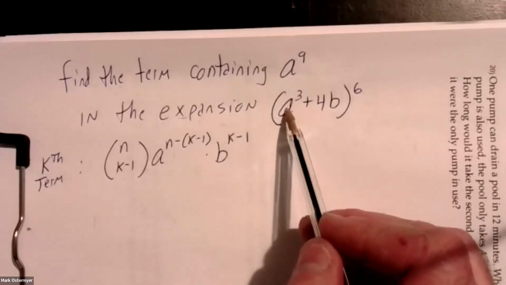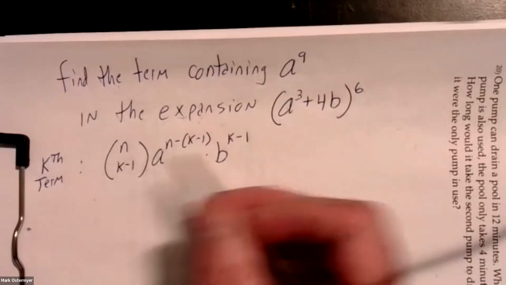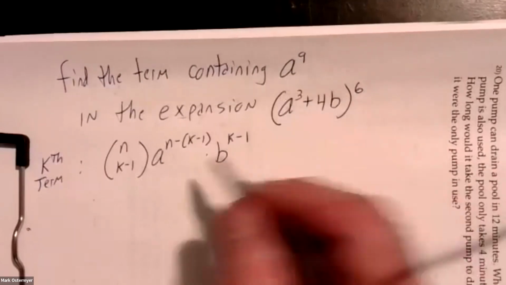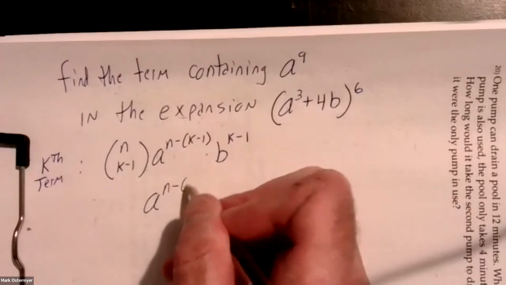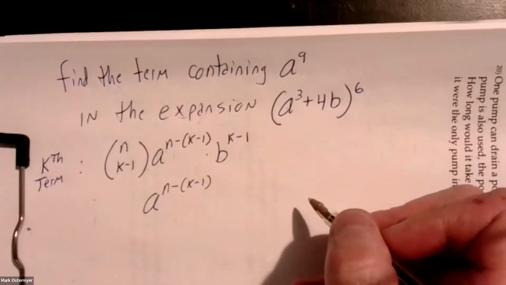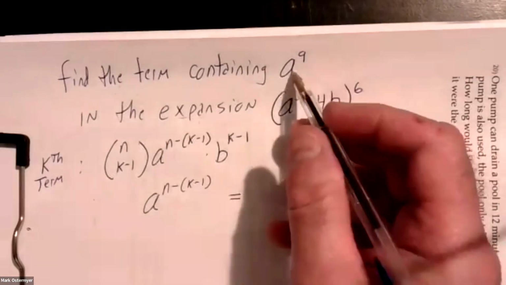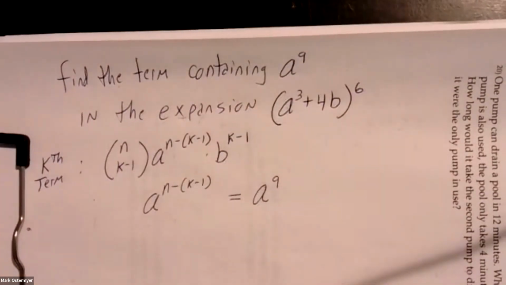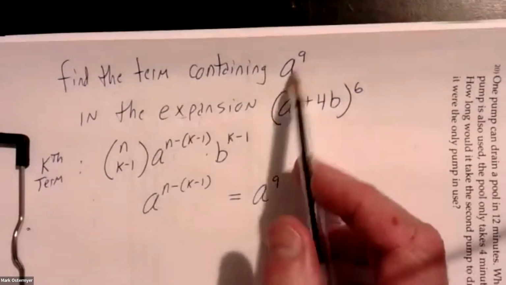All right, so in general, to find the kth term, for our first term of this binomial expansion, it's going to be a raised to the n minus quantity k minus 1 power. But we need to insist that this equals our term of a to the 9th power. So we must force this to be equal to a to the 9th power.